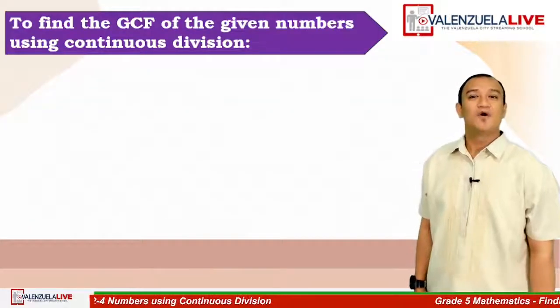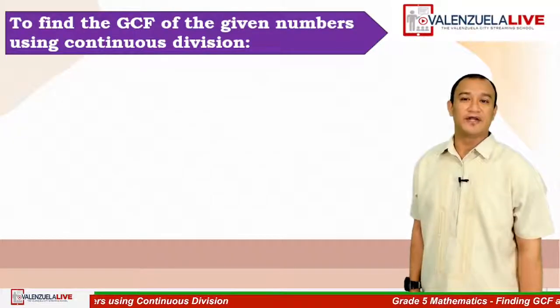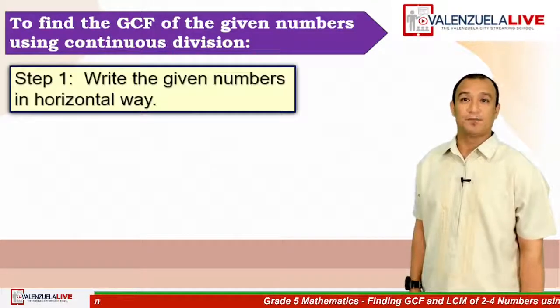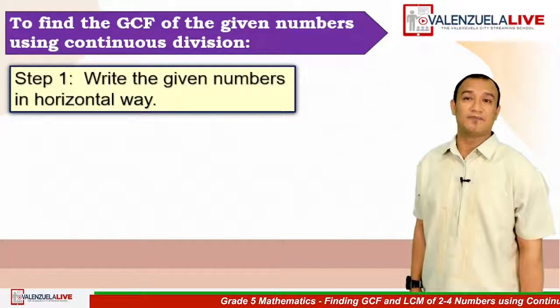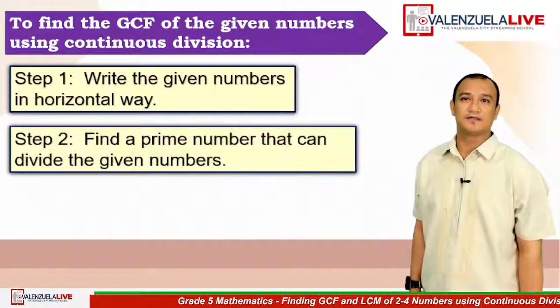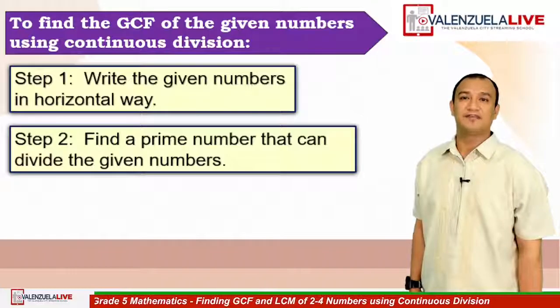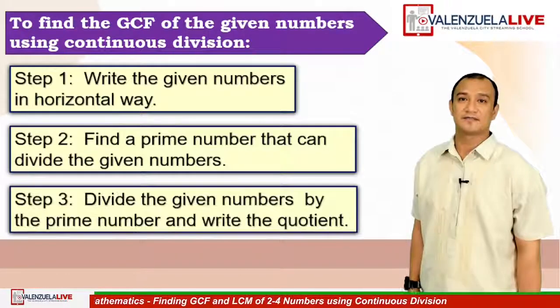And now, let's summarize the lesson you have learned in finding GCF of the given numbers using continuous division. Step 1, write the given numbers in horizontal way. Step 2, find a prime number that can divide the given numbers.